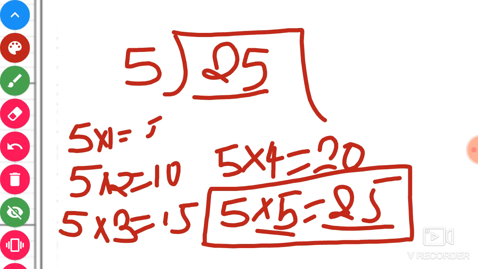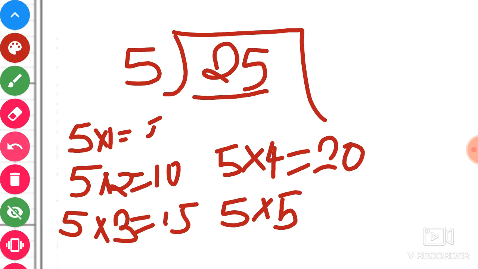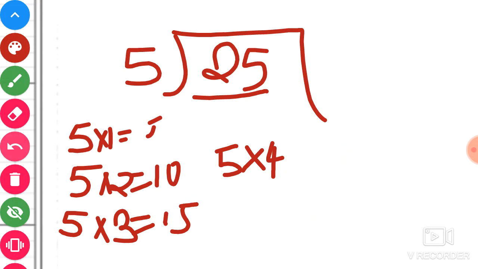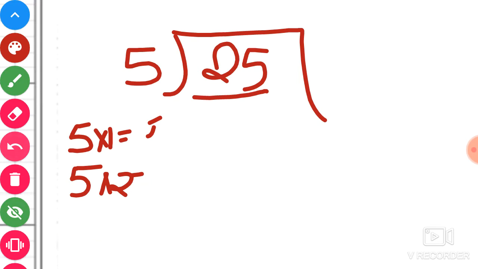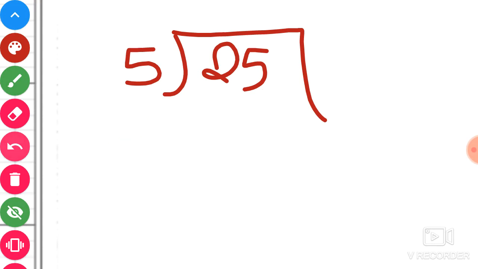That means 5 के टेबल में 25 कितनी बार में आएगा? 5 के टेबल में 25 we will get in 5 times, है ना? So we will write 5 here. And 5 fives are 25, so 25 के नीचे we will write 25.